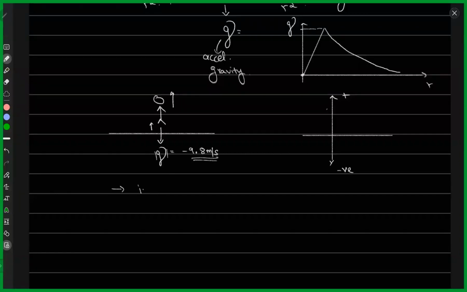So this acceleration is independent of the mass of this person. We use different terms, test mass and source mass, but I don't want to go into that either. So is the understanding of this minus 9.8 meters per second squared clear for everyone?